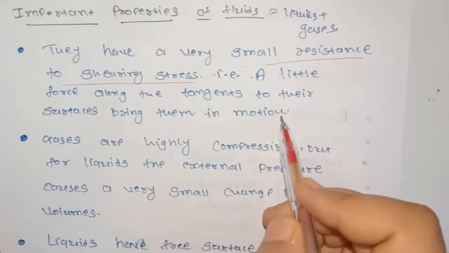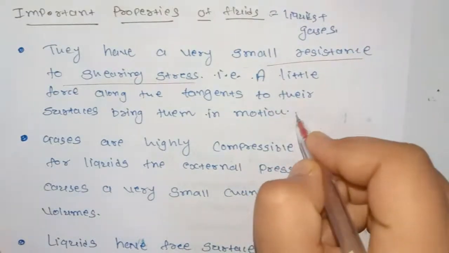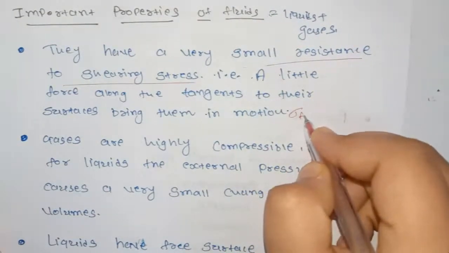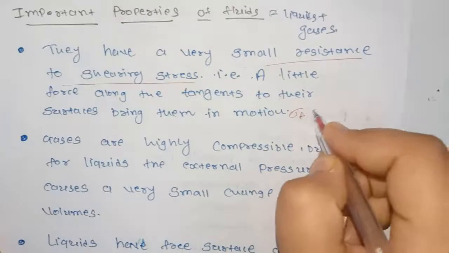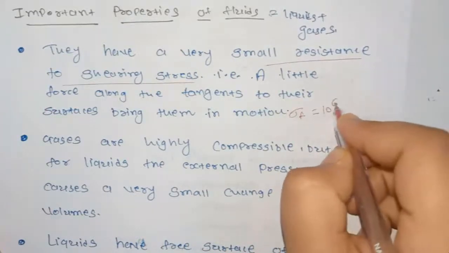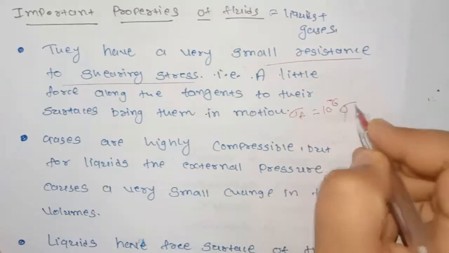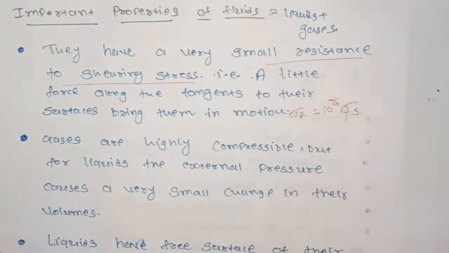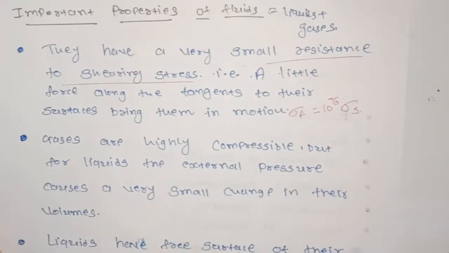The shearing stress of fluid is nearly 10 power 6 times smaller than the shearing stress of solids. The gases are highly compressible, but for liquids, external pressure causes a very small change in their volumes.